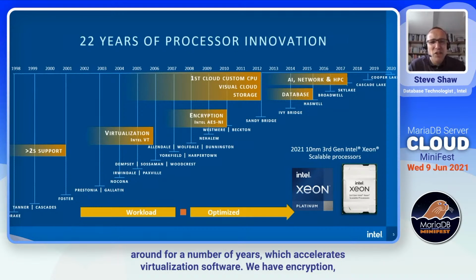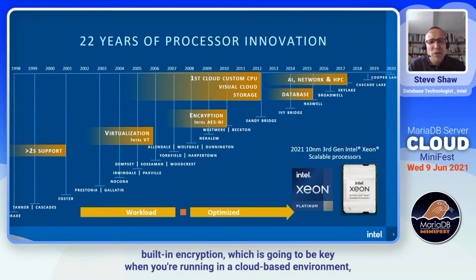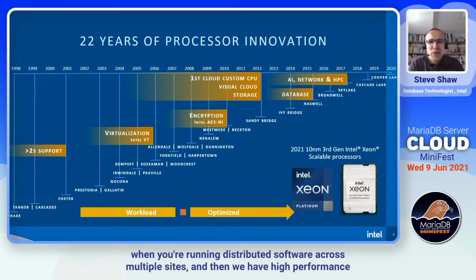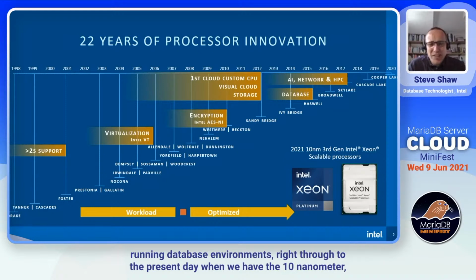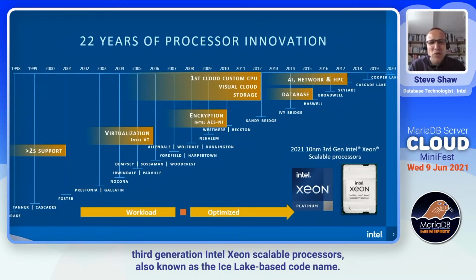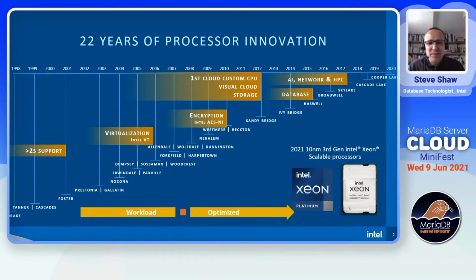We have built-in encryption, which is key when you're running in a cloud-based environment, when you're running distributed software across multiple sites. Then we have high performance moving into today, with Ivy Bridge and Haswell-based CPUs tuned and optimized for running database environments, right through to the present day with the 10 nanometer 3rd generation Intel Xeon Scalable processors, also known by the code name Ice Lake.